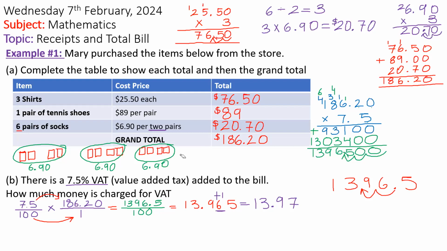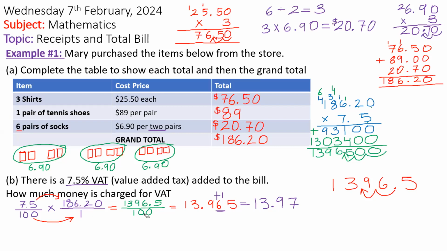Latalia, can you explain how we got $13.97? Yes, sir. So 7.5, you're going to put 7.5 over 100 times 186.20 over 1. When you multiply that, you should get 1,396.5 over 100.